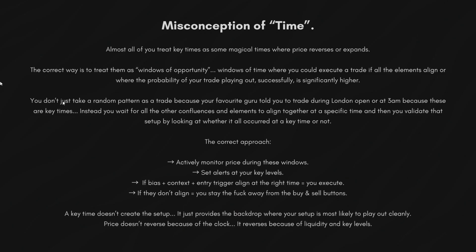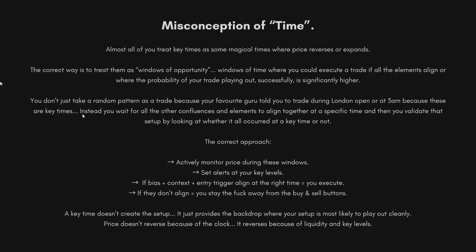You don't just take a random pattern or a random setup as a trade because it formed at the London Open or during the 3 a.m. key time, and think that because these are key times, that setup is just supposed to play out regardless of what the directional bias is, or regardless of the presence of a market context on the intermediate time frame.